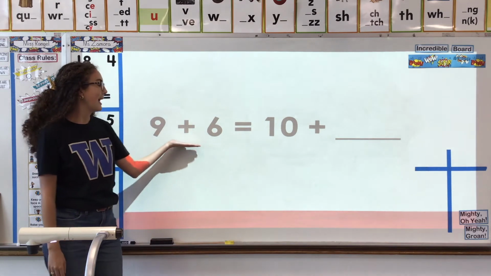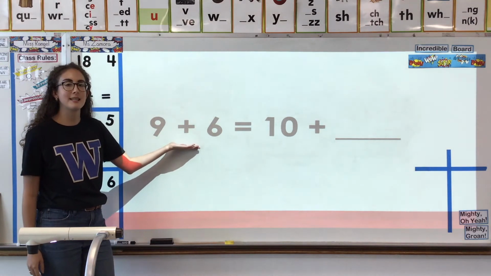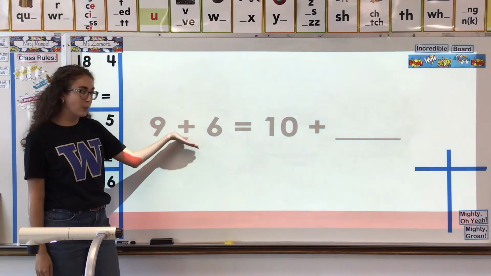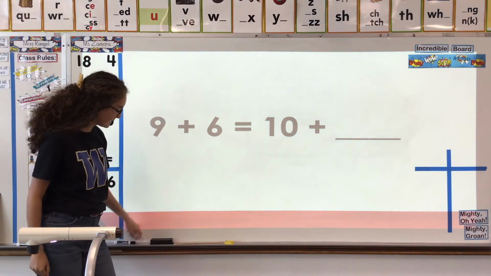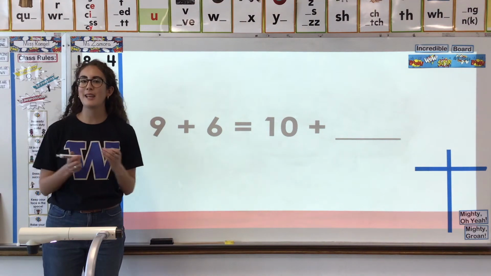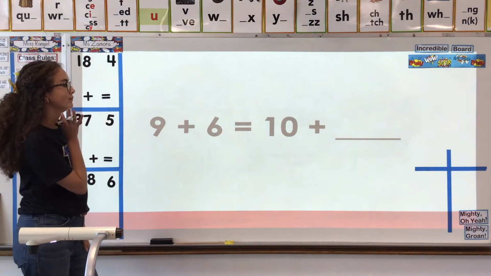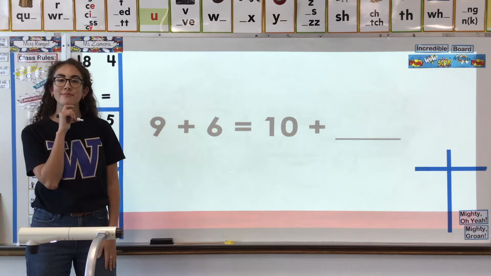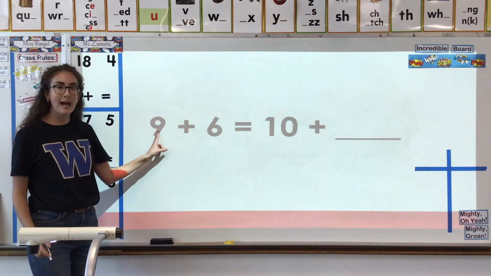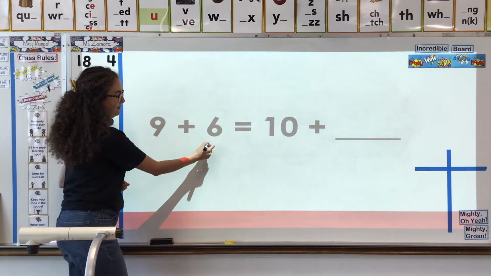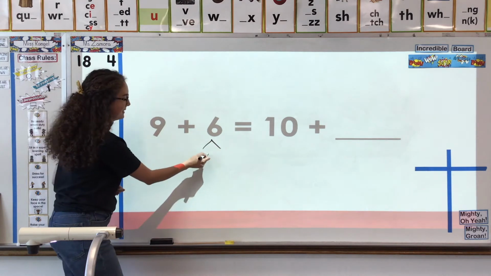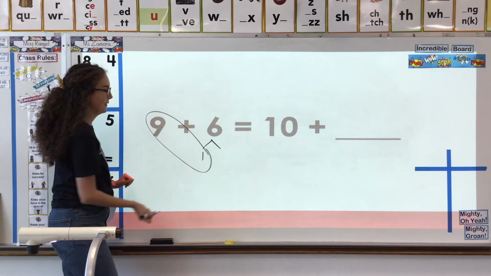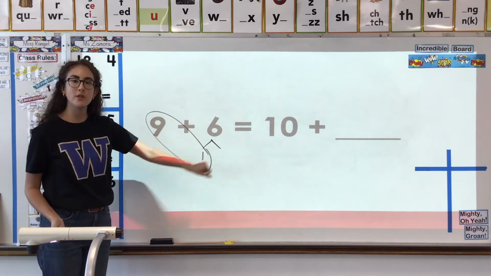So, 9 plus 6. Can you solve this problem by creating a 10 plus fact? How do we do this? We have to turn this 9 into a 10, which comes from the 6. And then, what's left over?